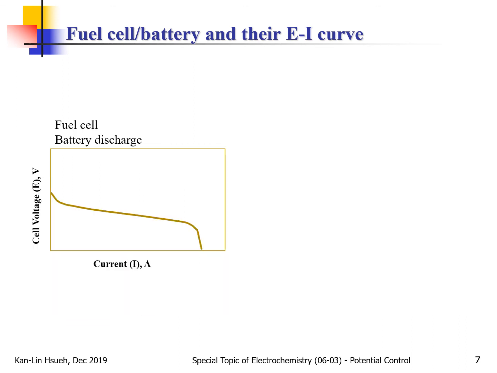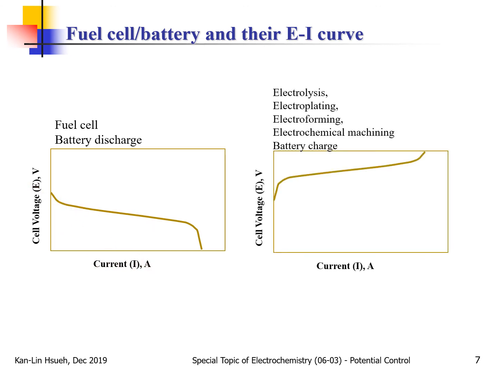So for a fuel cell or a battery at discharge, usually when you get a higher current, the cell voltage will decrease. But for other processes like electrolysis, electroplating, electroforming, electrochemical machining, or battery charge, the cell voltage will increase as the current increases.